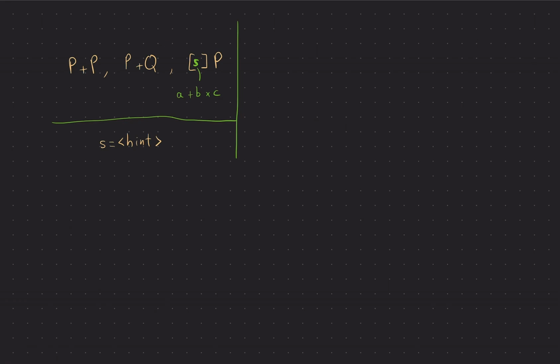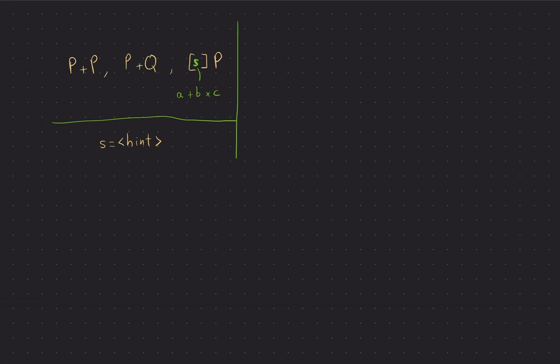Instead of computing it, when you write your program, you can just say S equals some hinted value. And when I say hint, I mean that the prover computes that out of circuit, not within the circuit, so that they don't constrain these operations. Some people might say that the prover computes that in their head, and then the circuit just goes on and does stuff with that value that they were just given. Hints are something I've talked about in the past, but you can think of it like this: if you want to use a random number in your circuit, that's a hint.